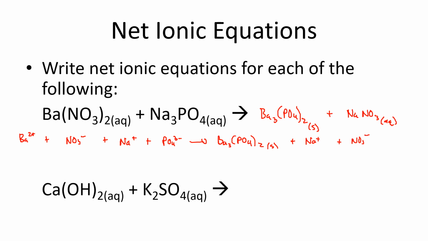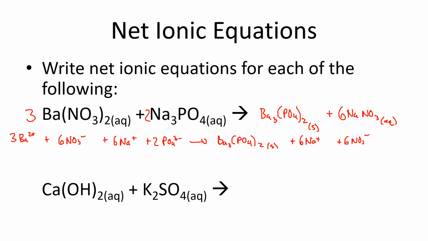What we haven't done here is balance anything. So if I balanced it, I would end up with, well, we're going to need 3 bariums and we're going to need 2 phosphates, which means we end up with 6 of these. So if you go through over here, we got 3 bariums and we've got 6 nitrates and we've got 6 sodiums and we got 2 phosphates, and that's fine. And then you end up with 6 of these on either side.